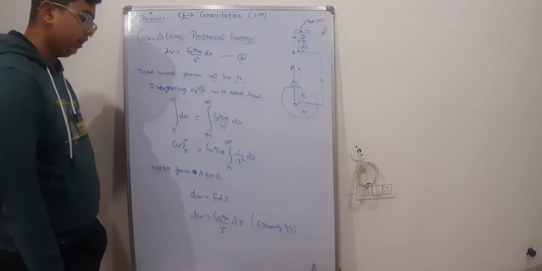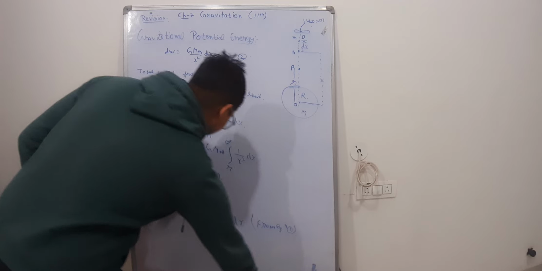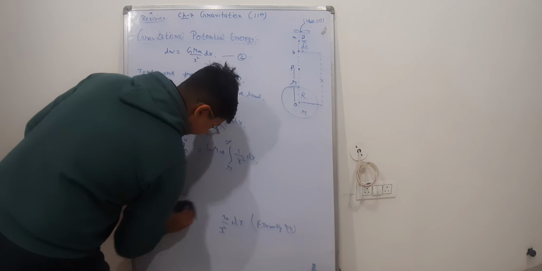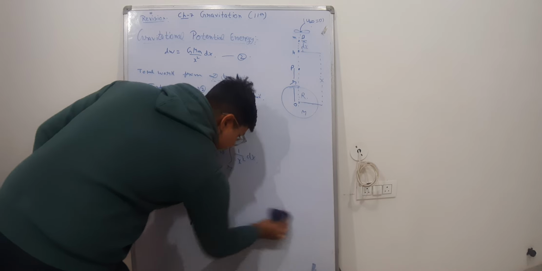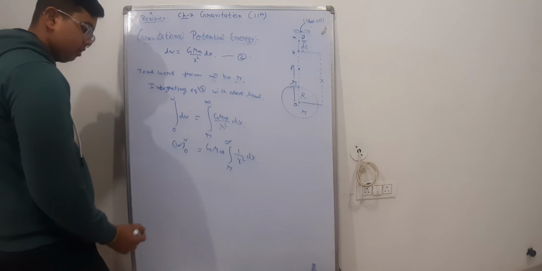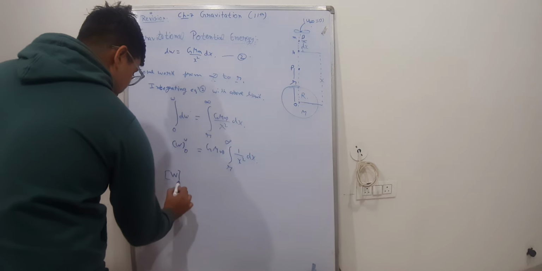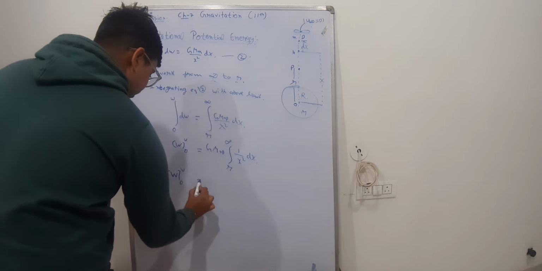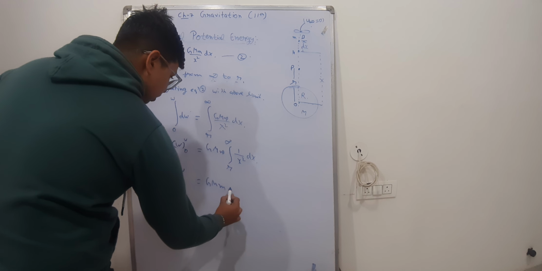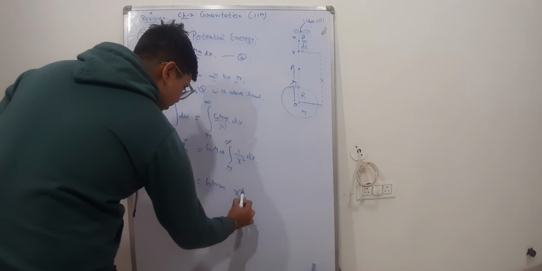Now we do the integration of 1 upon x square. How is it possible? We take x square in the numerator, so it is x to the power minus 2.